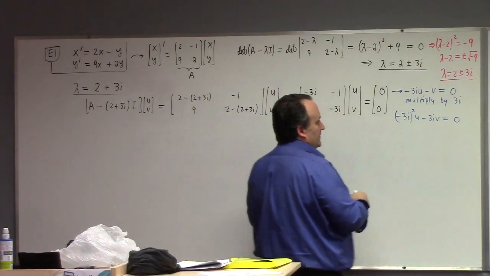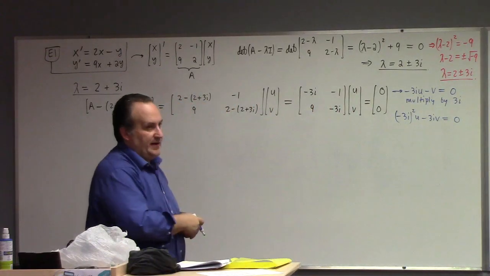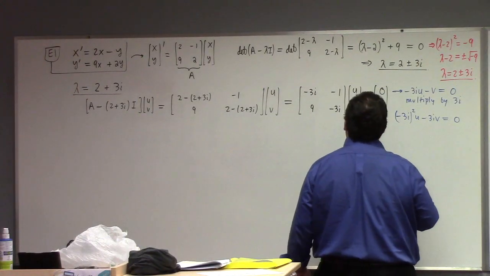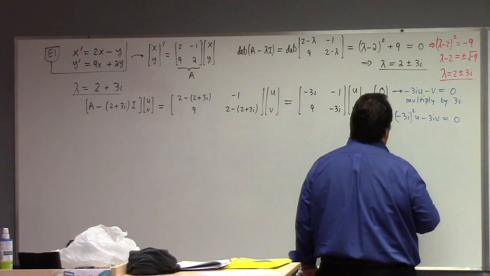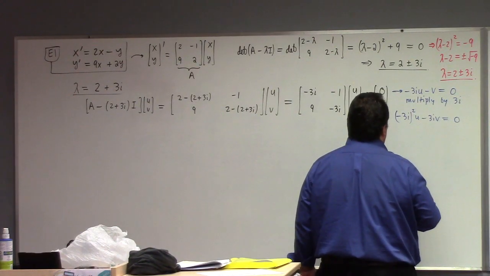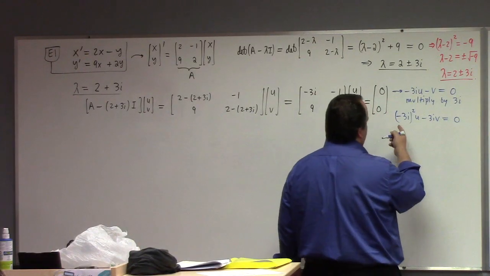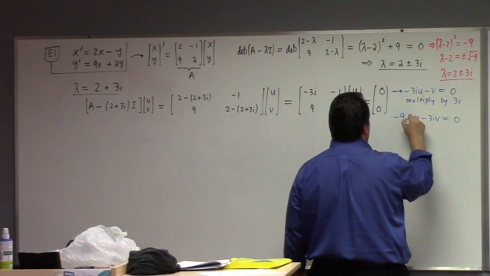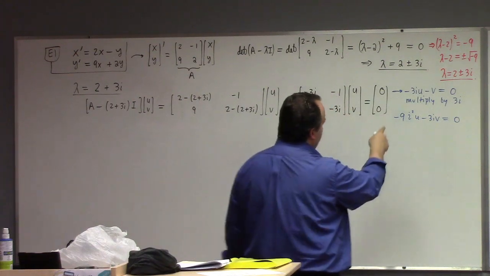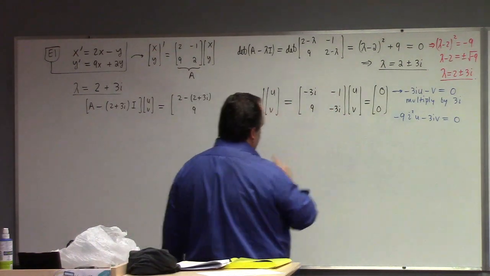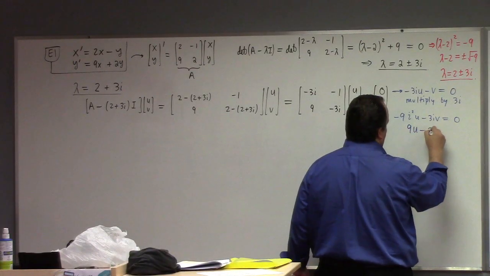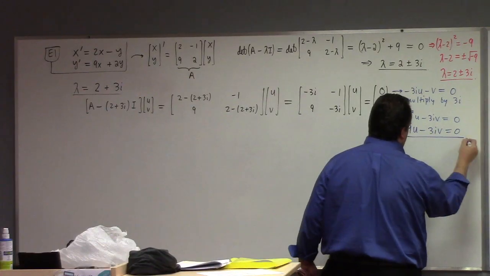That's, oh, that's not minus 3i squared. I'm a dummy. Minus 9i squared, right? Plus 3i times minus 3i is minus 9i squared, which is 9. So 9u minus 3iv equals 0.